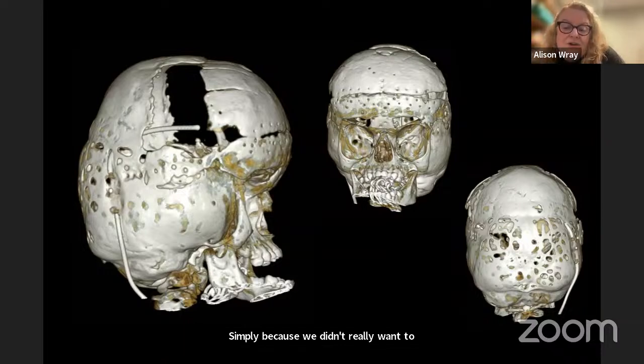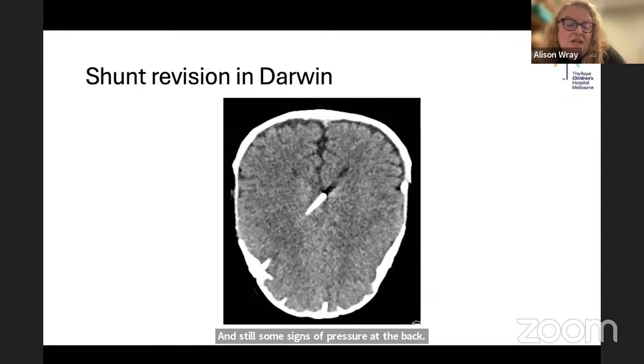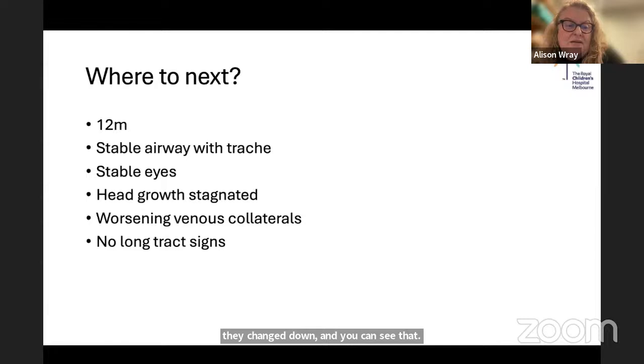She had a bifrontal orbital advancement in the first instance, and you can see the fairly typical construct associated with that, and still some signs of pressure at the back. Again, she had another shunt revision in Darwin. Again, they changed her valve down, and you can see that with overdrainage with a shunt, her ventricles have disappeared.